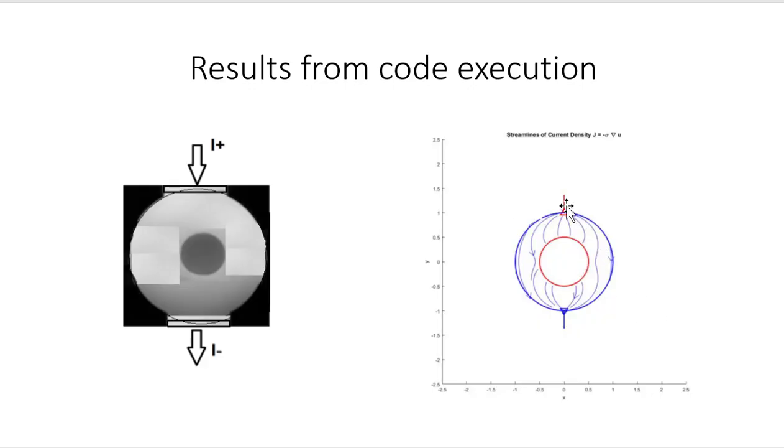And we see the lines with arrows is the current density flowing from the top to the bottom electrodes, and we see that here in the middle there is almost no current at all through the bone, which has high resistivity.